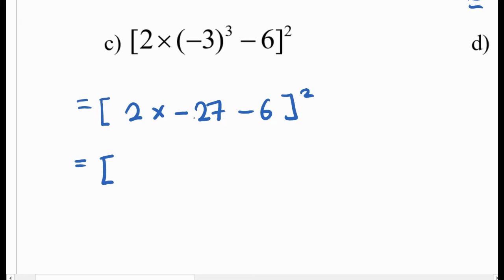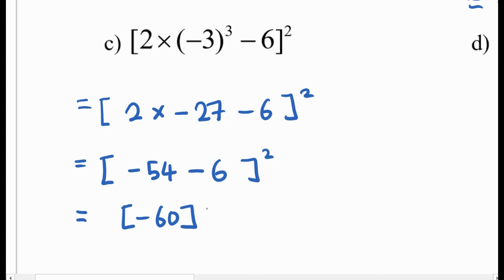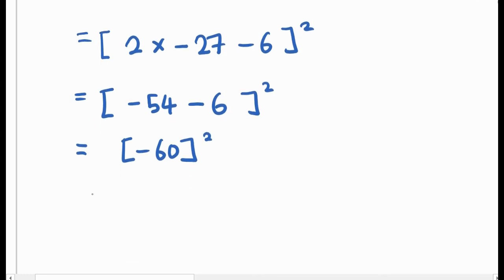Then 2 times negative 27, that is negative 54 minus 6, because you do multiplication first and then you do the subtraction. Okay, negative 54 minus 6, that is negative 60 squared. Negative 60.